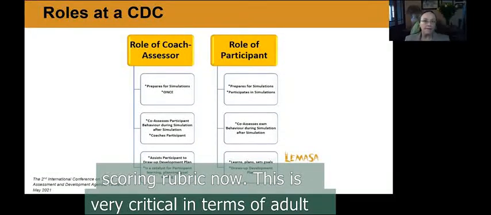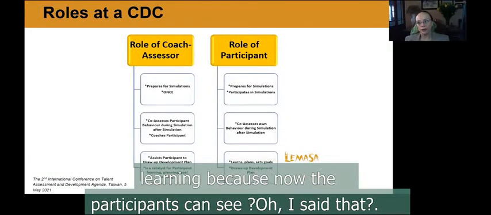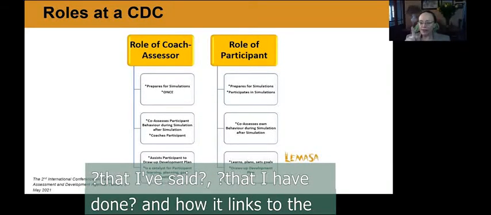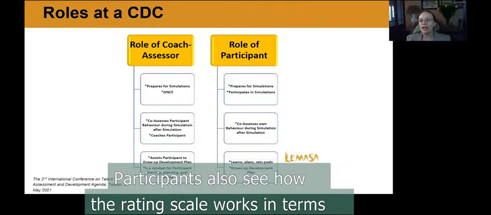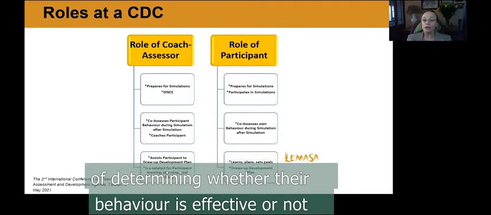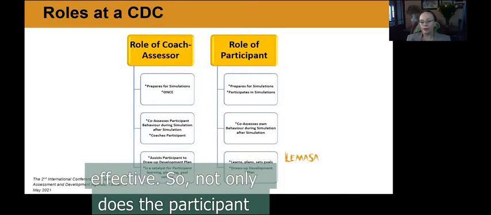Now, this is very critical in terms of adult learning, because now the participant can see, oh, what I've said or what I've done is linked to this competency, and specifically this behavioral anchor in this competency. And this is how the rating scale works in terms of determining whether that behavior is effective or not effective.